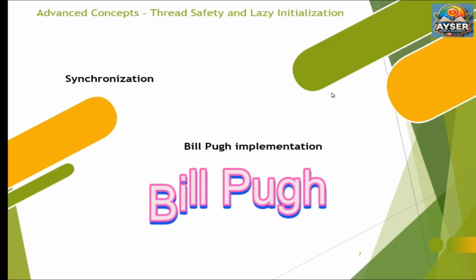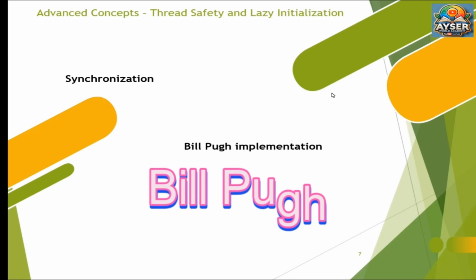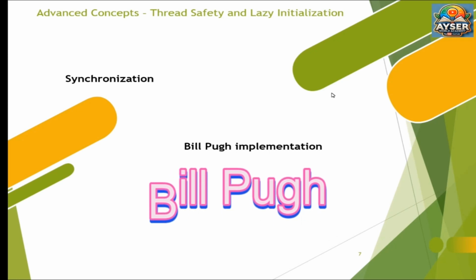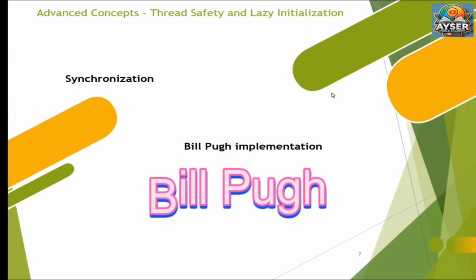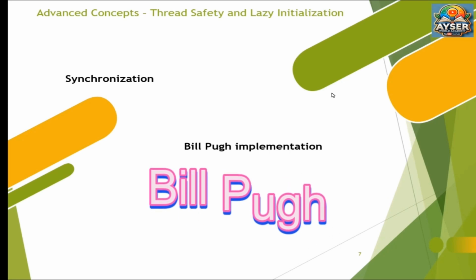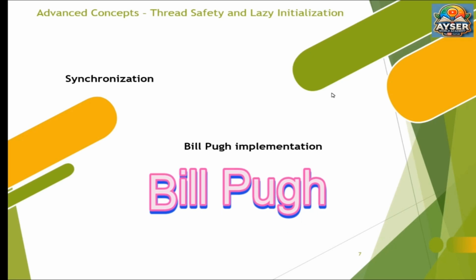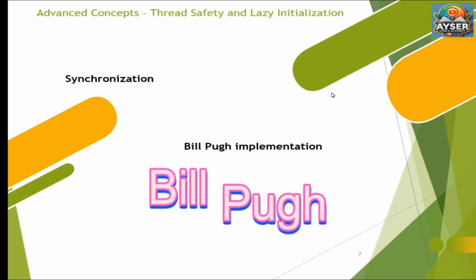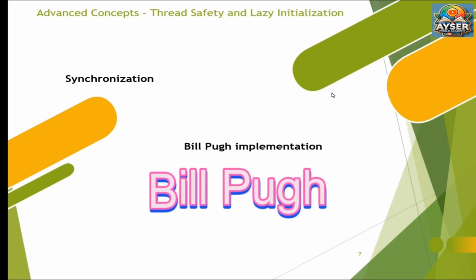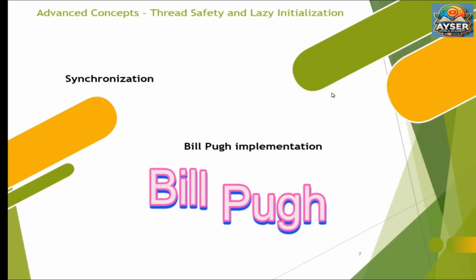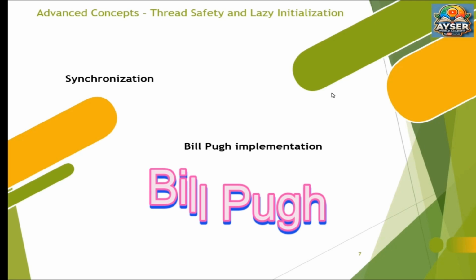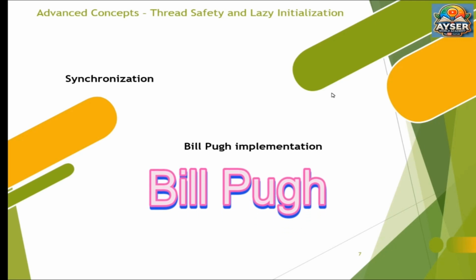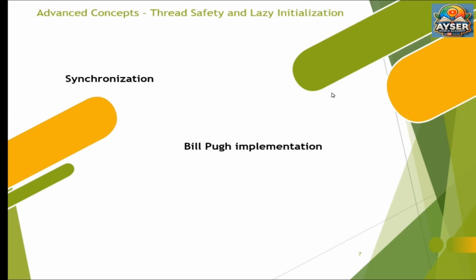We are going to use this concept to create a singleton class, and that will resolve the problem of synchronization, because we instantiate the class at the time of class loading, using the concept of a static inner class. It will avoid multiple creations of the object, because the object is already created when the class is loaded into the JVM. There is another concept called lazy initialization. You will see it after some time.